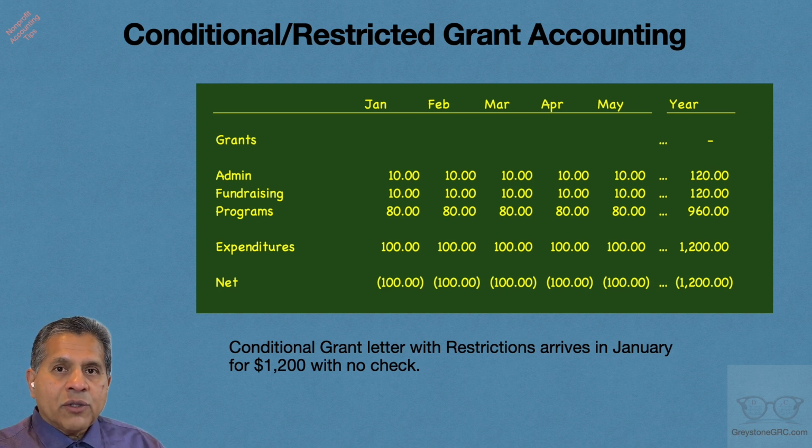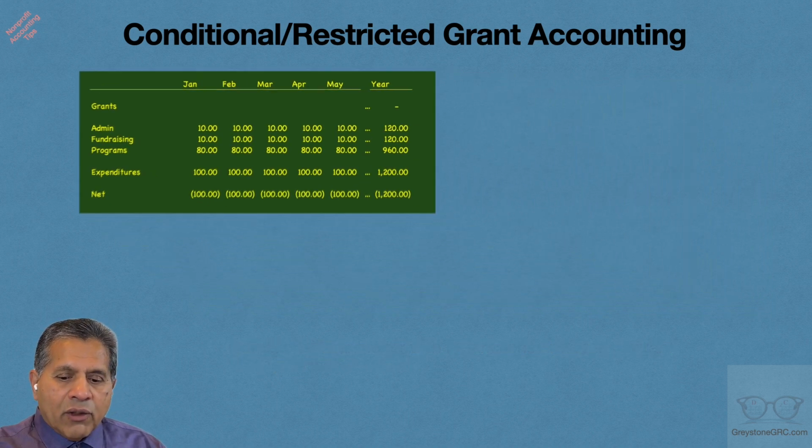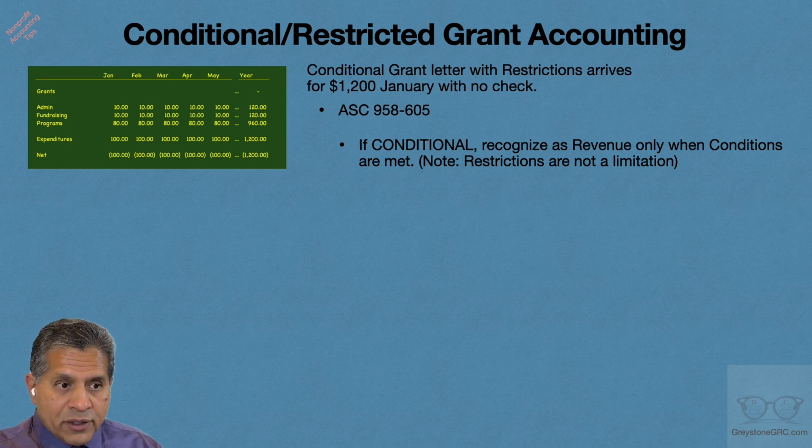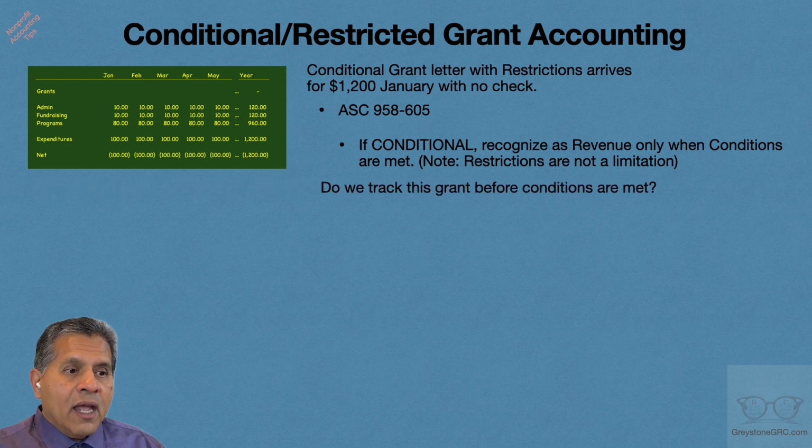If you look at those two things, the conditional aspect is the 600 meals. The restriction is that the money can only be used for food products. So the rules say, if conditional, recognize revenue only when conditions are met, and restrictions are not a limitation. And the question is, how do we track this grant?